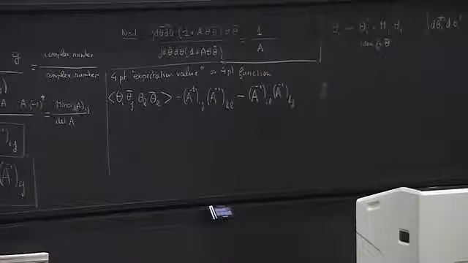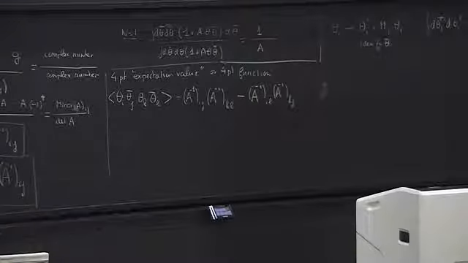Yes? The last red box, shouldn't the indices of the matrix be switched? Of the matrix? The matrix element shouldn't be JI instead of IG. No, because here I put I inverted. No, that's correct.